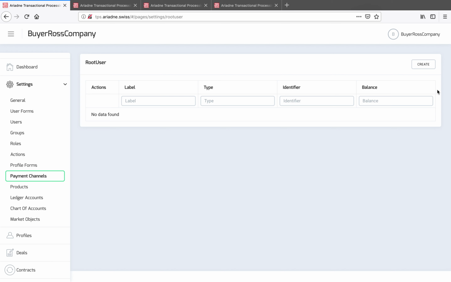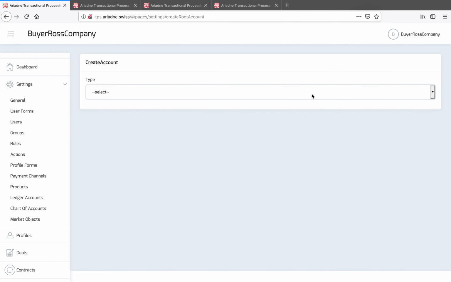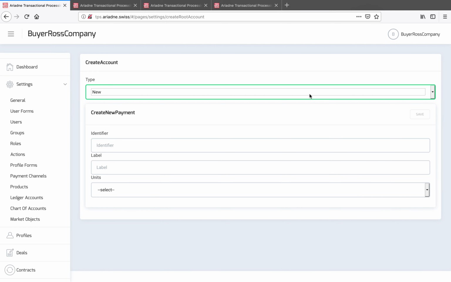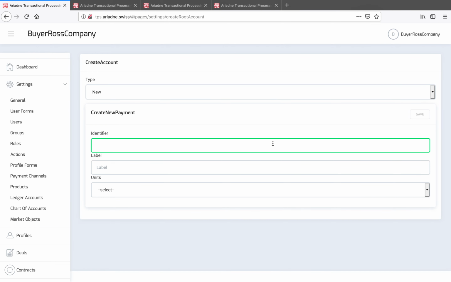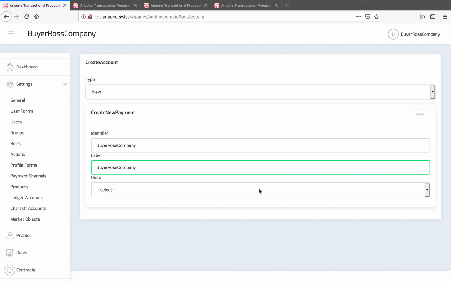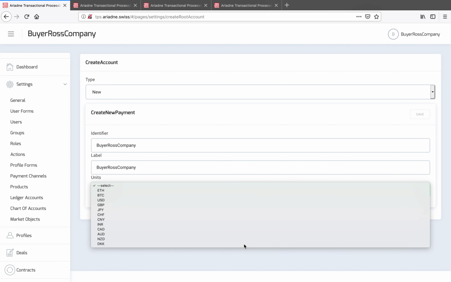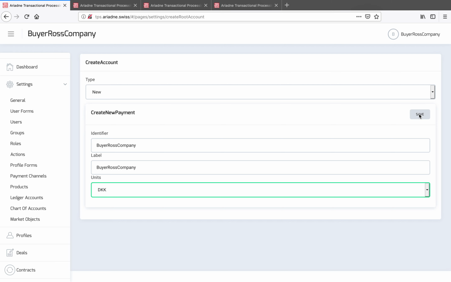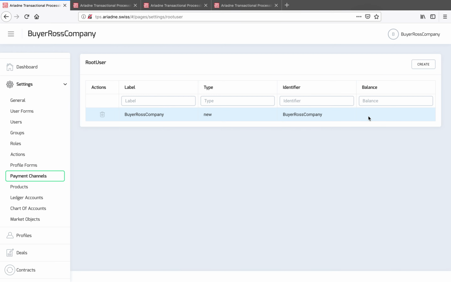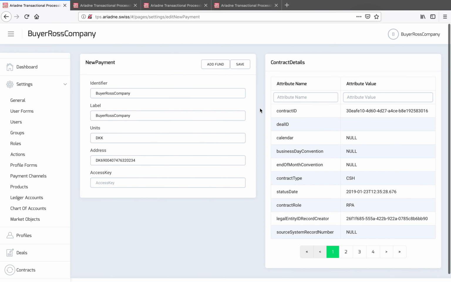Now let's create a payment channel or a gateway for this account. Now we have a profile created wherein the IBAN account is created for this entity.